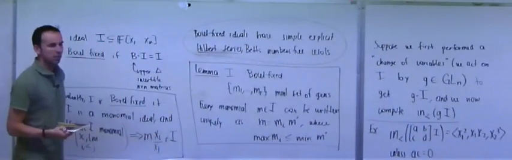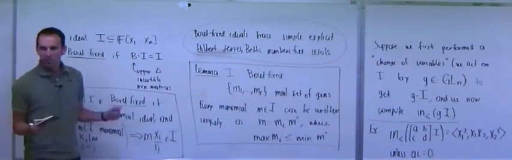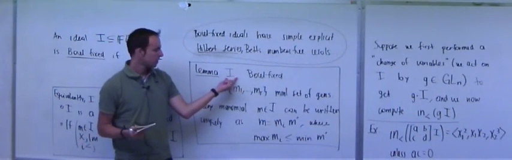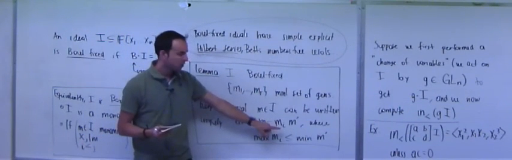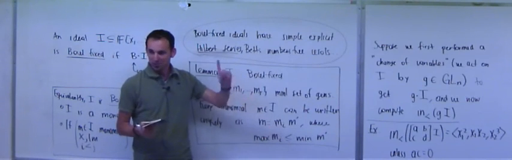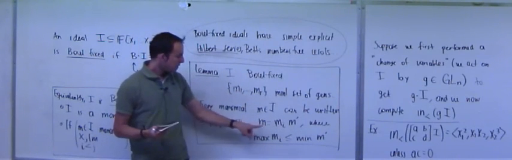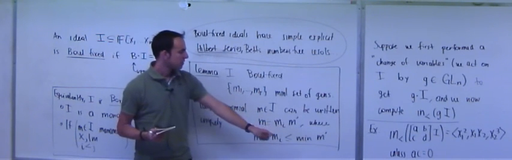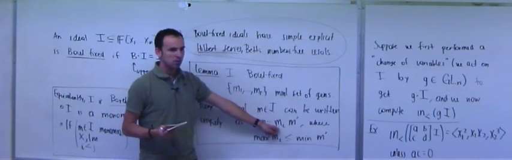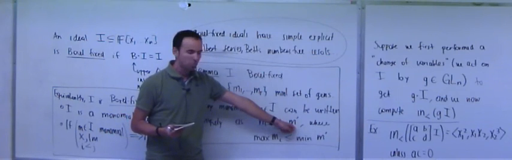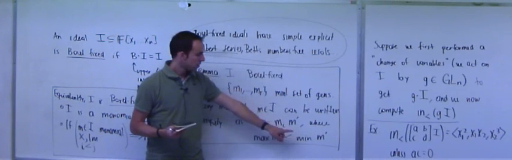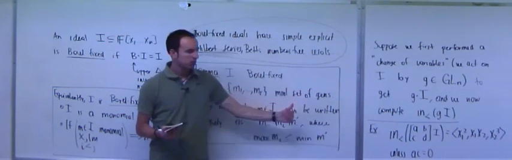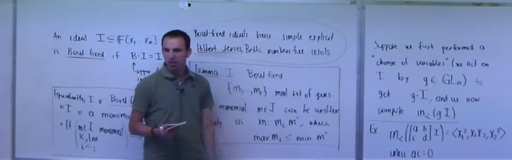So what I'm saying here is that for every single monomial that lives in this Borel-fixed ideal, there's going to be one particular generator that's going to claim it. It's going to say that's my M is my monomial. Okay. M can be written as that Mi times some other stuff, where all the variables in this other stuff are greater than or equal to all the variables that occur in Mi.